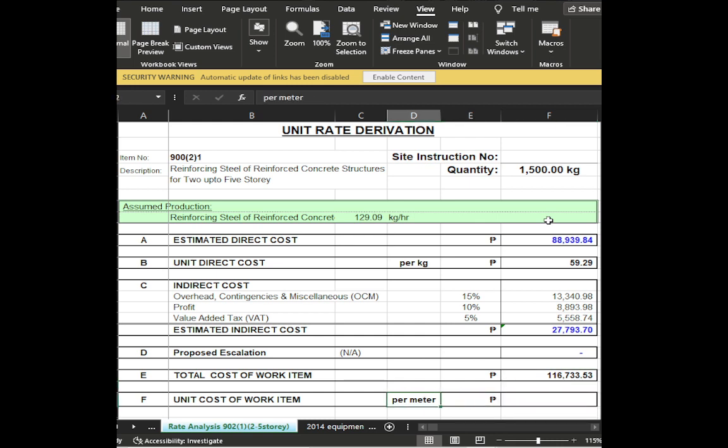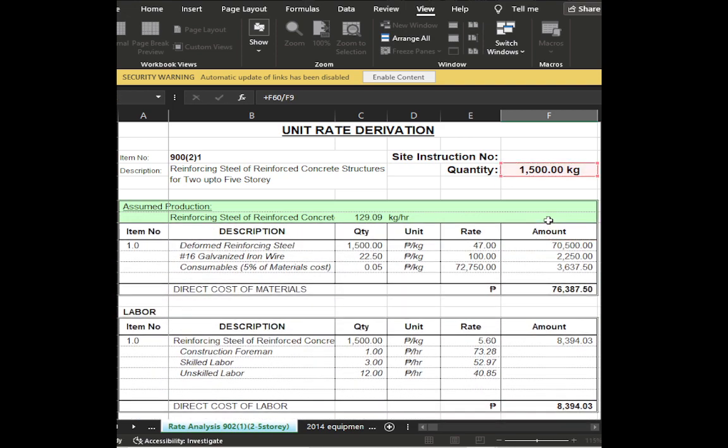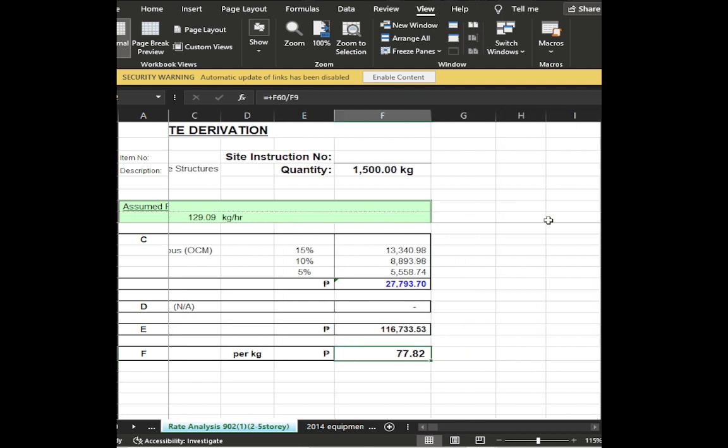So we will get the unit cost of work item for the total of unit cost, including the indirect and direct cost. So we will divide only by the total quantity. So our unit cost for reinforcing steel of reinforced concrete structures up to 2 to 5 story is 77.82 pesos per kilogram.